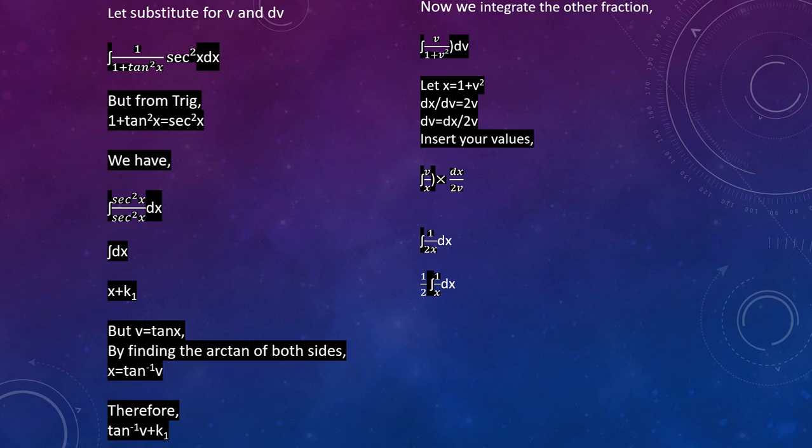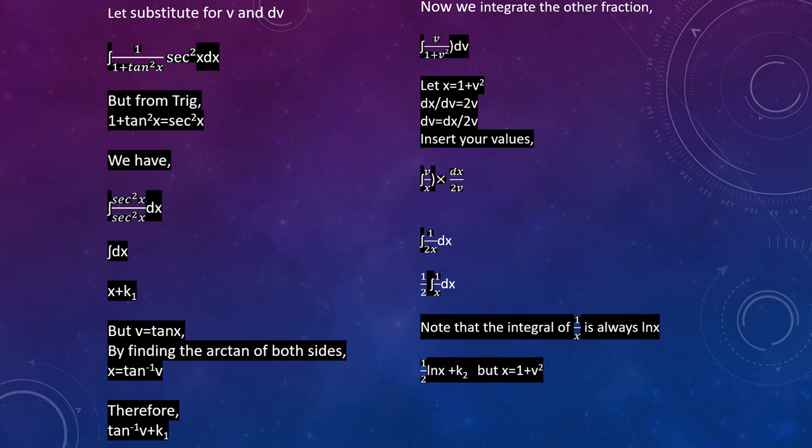So I would have 1 over 2 ln u plus a constant. But u equals 1 + v squared, and our question is in terms of v, so we have to go back to v. That gives me one half ln (1 + v squared) plus k2. So we are 90% done, and all we have to do is go back to our question.